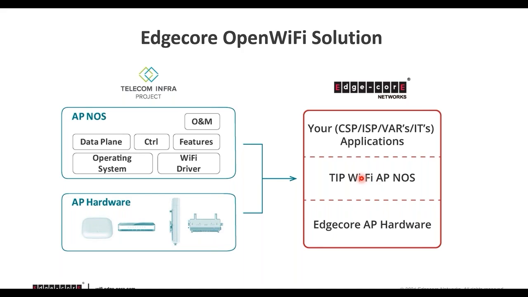And Edgecore will provide the latest software features from TIP and enhance the web GUI settings for customers, so it is not native directly from TIP. So if customers such as MSPs or service providers think these features are not enough, then Edgecore can help them develop more applications to run on top of the TIP software, so we can serve this customer space.